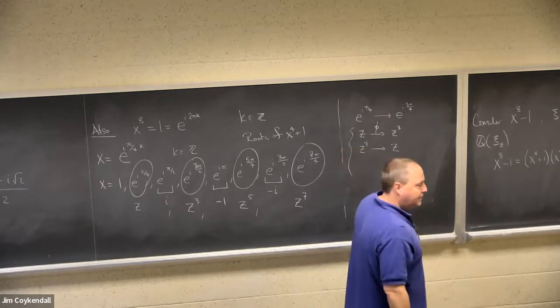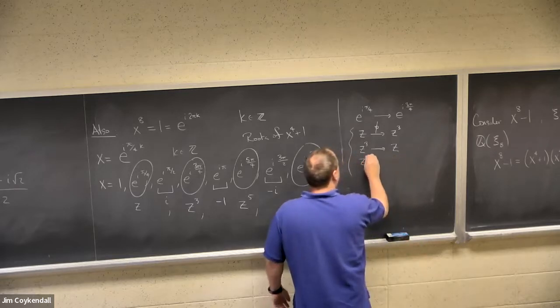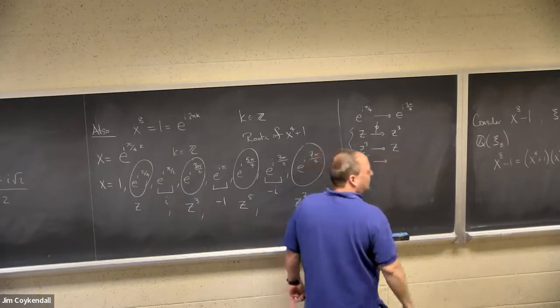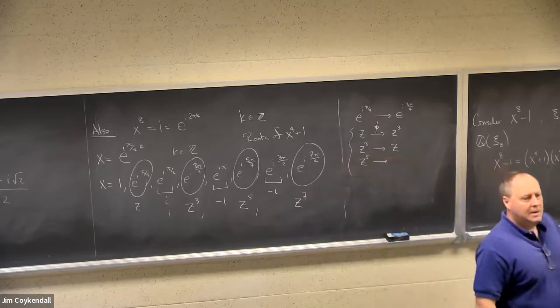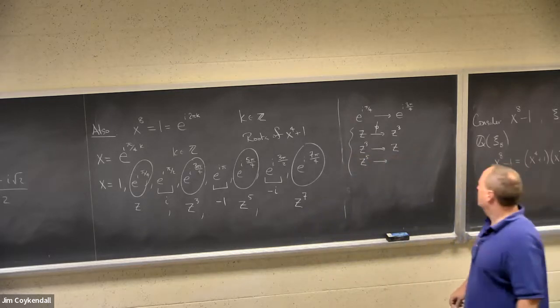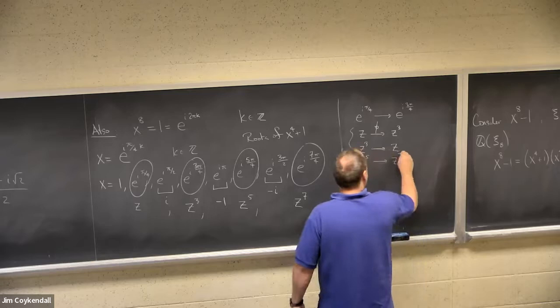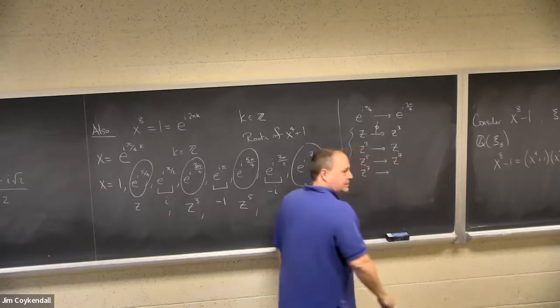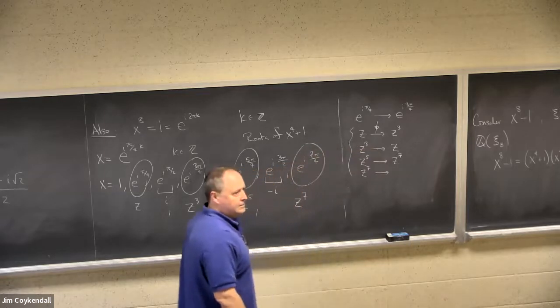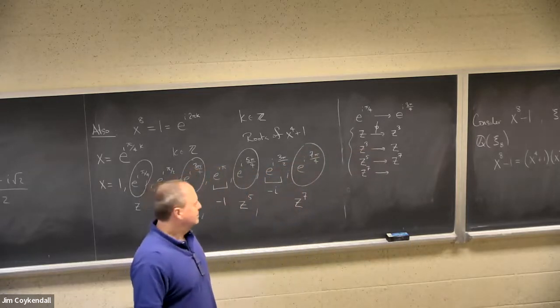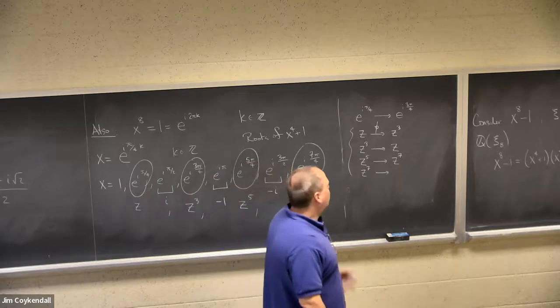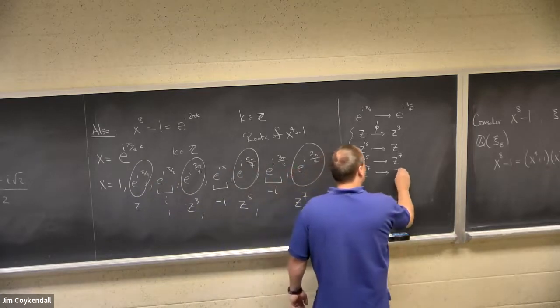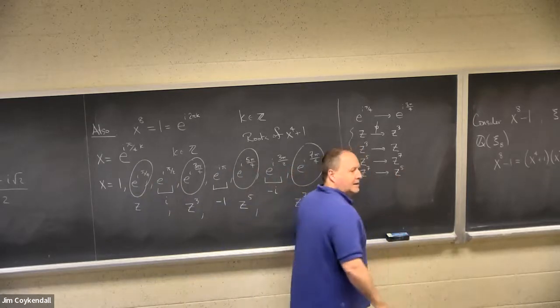What about Z5? You know what happens to it. Z25, I agree. How about Z7? Where does it go? Well, given where the other ones go, this better work out. It does.